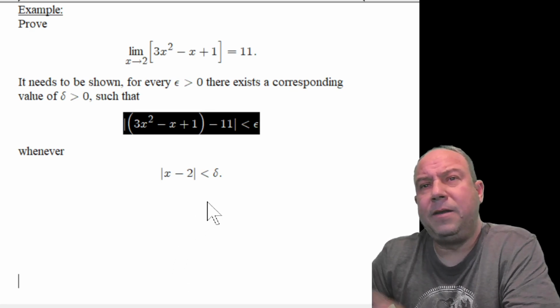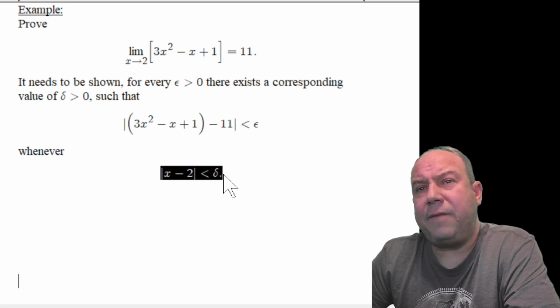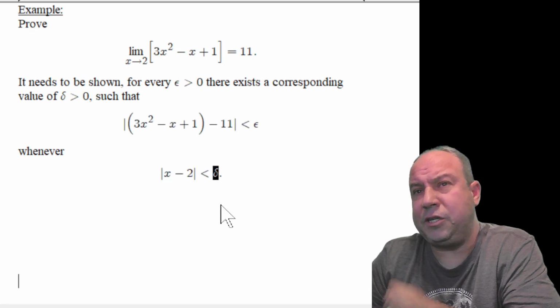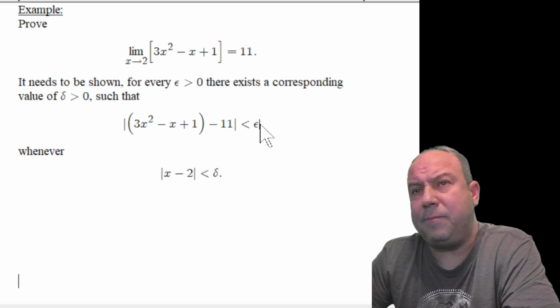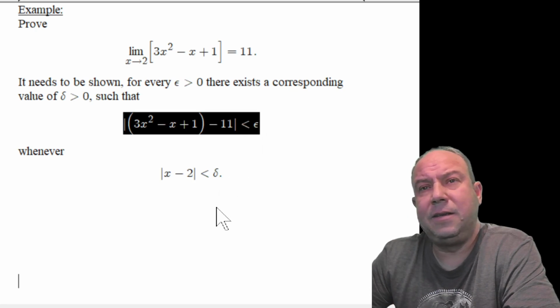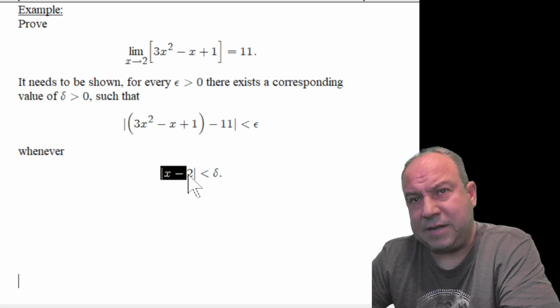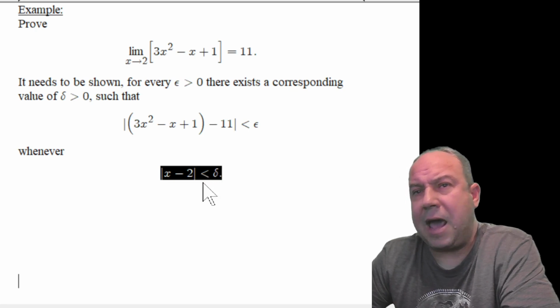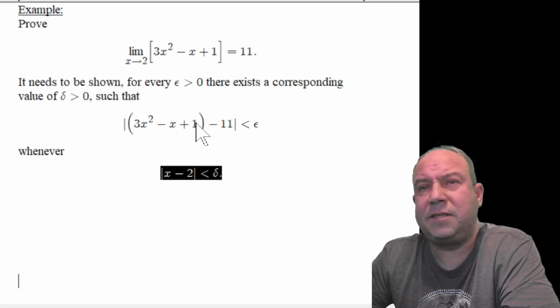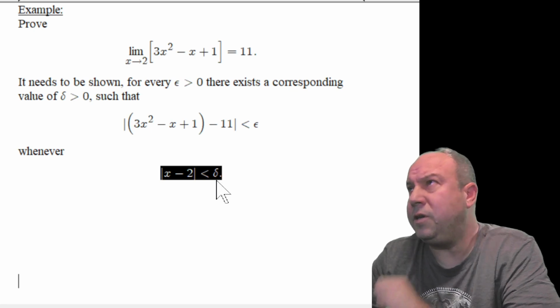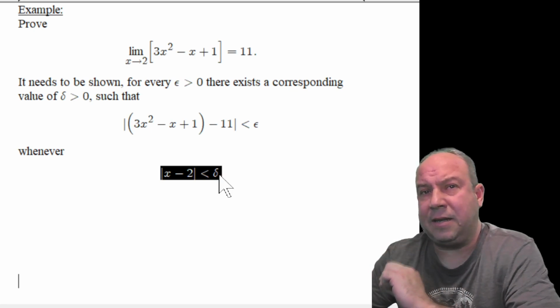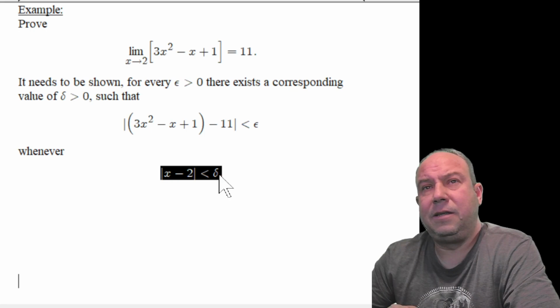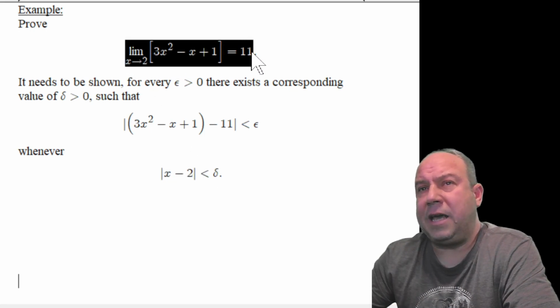Not only are you going to have to, in this preliminary algebra, determine how delta relates to epsilon, but you also have to establish the path that's going to allow you to move from this statement to this statement using that relationship between delta and epsilon. All for this case specifically.